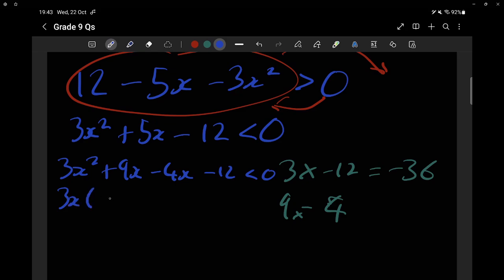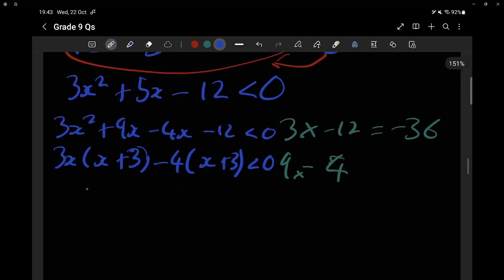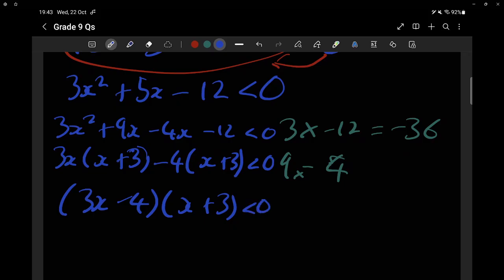Factorize, so 3x, x plus 3, and then minus 4, x plus 3 is less than 0. So 3x minus 4, x plus 3. I'm just going through these quadratics a bit quicker because I'm hoping that if you're aiming for that grade 8, grade 9, factorizing quadratics should be pretty second nature.